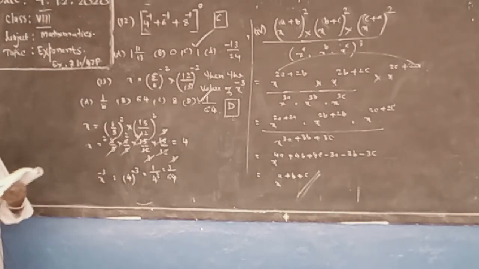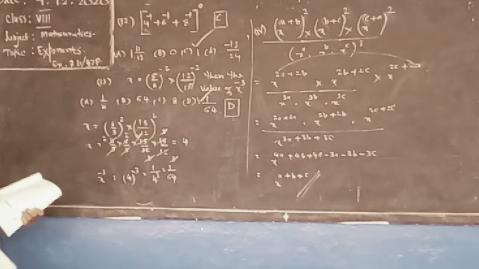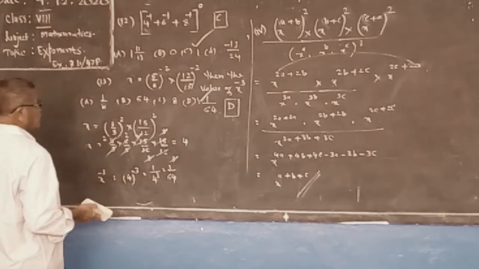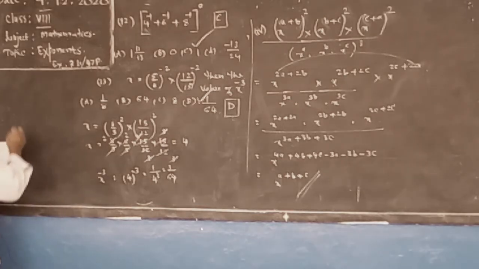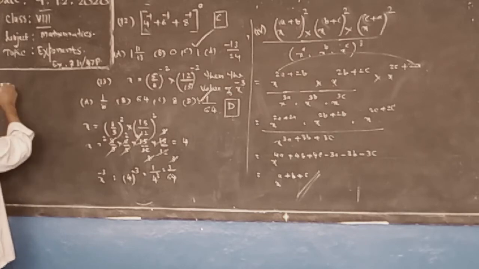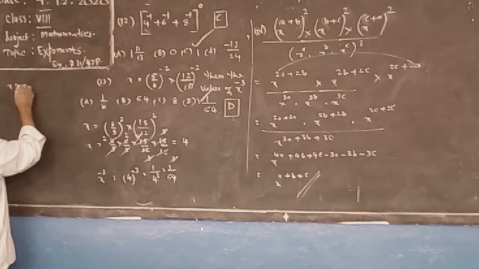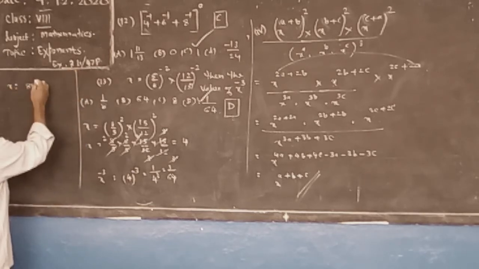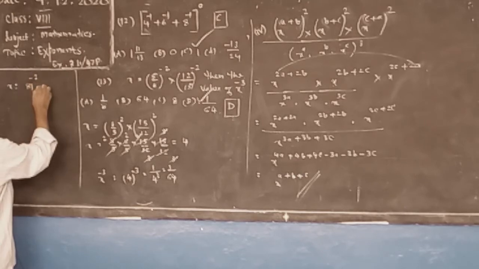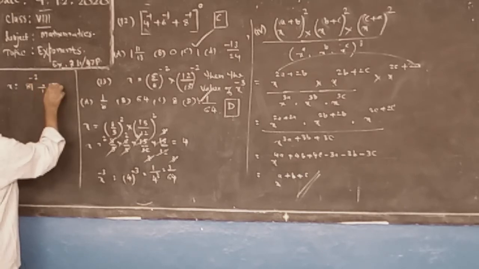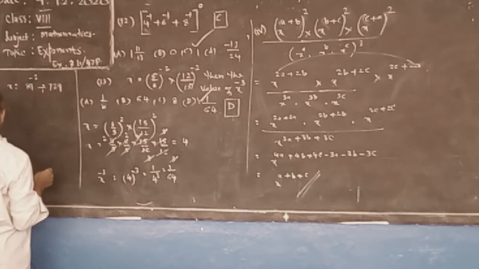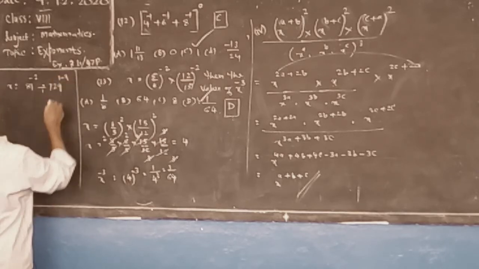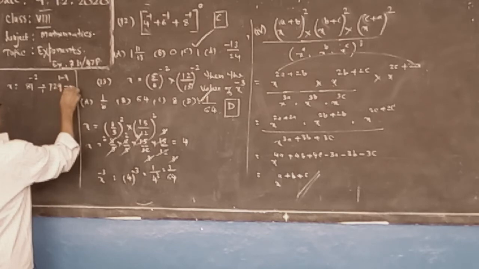And the last problem in this exercise, number 14. x is such that (81) power minus 2 divided by (729) power 1 minus x is equal to 9 power 2x.